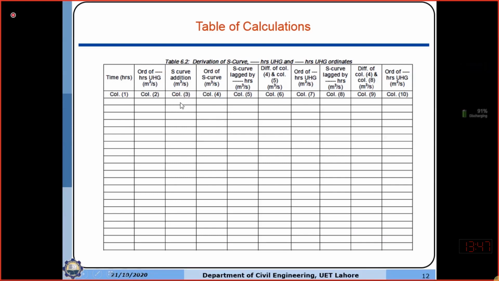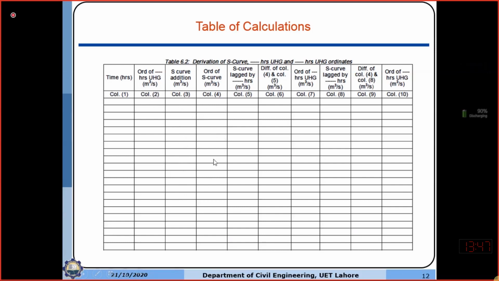Accordingly you will fill, the first few columns will remain empty for this, and S0 will be U0, S1 will be U1, S2 will be U2, S3 will be U3, and then after 4 hours the first value will come, that is U4 minus S0, and so on, S0, S1, S2, S3 and so on. So in this way, with the example I have given you, you will fill up the column of S curve addition and the column of ordinate of S curve, that is U, column 2 plus column 3.